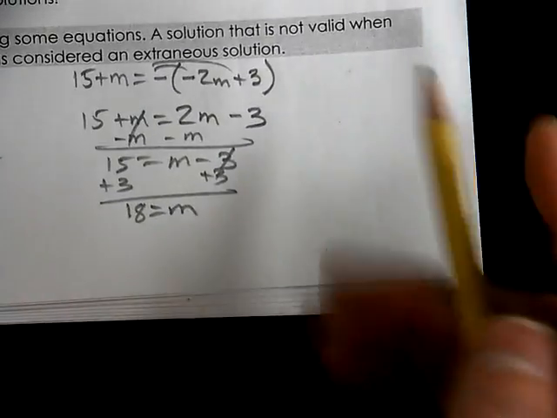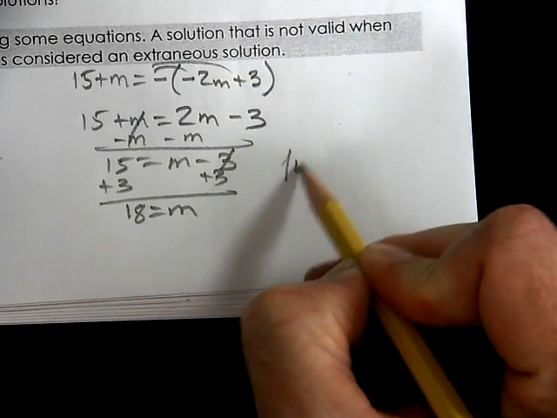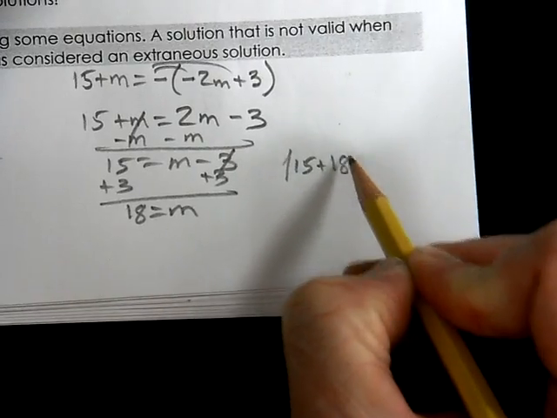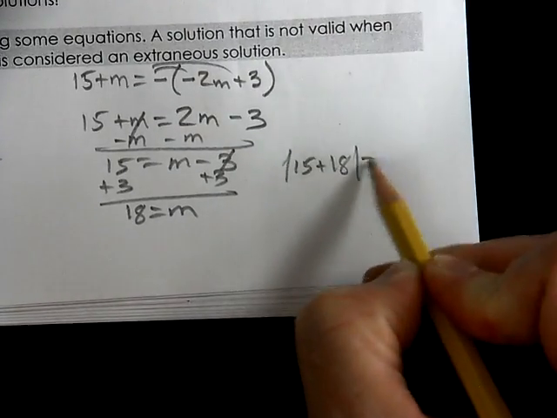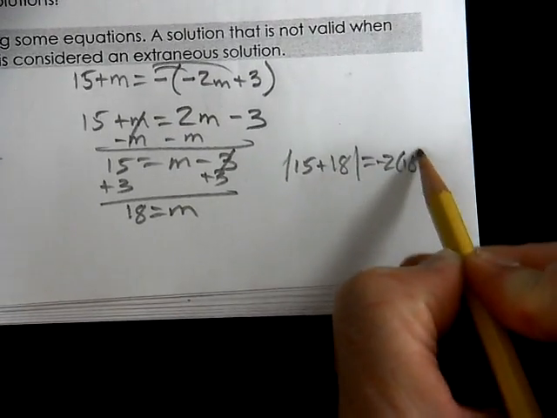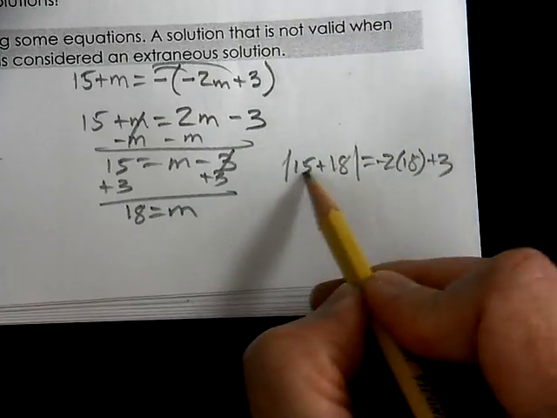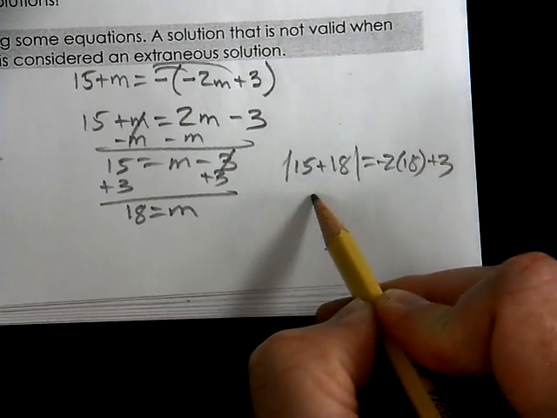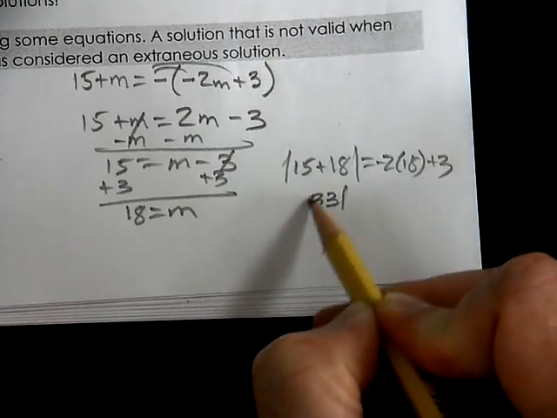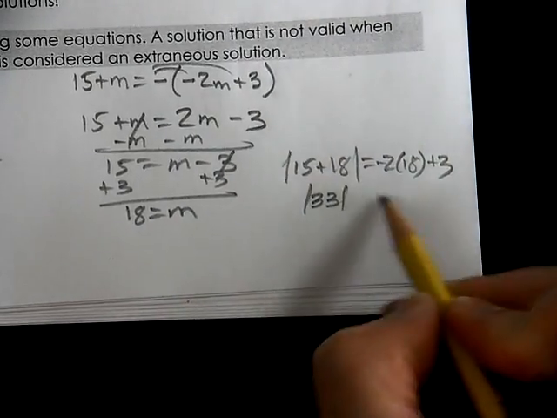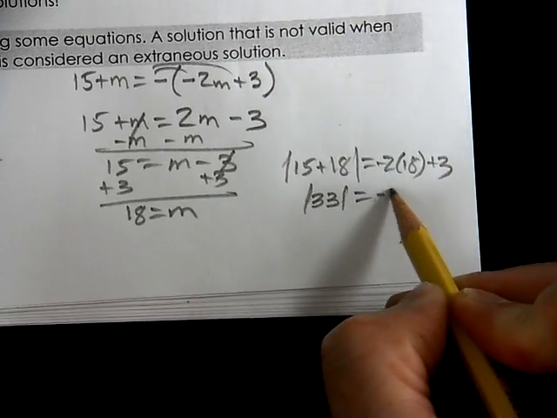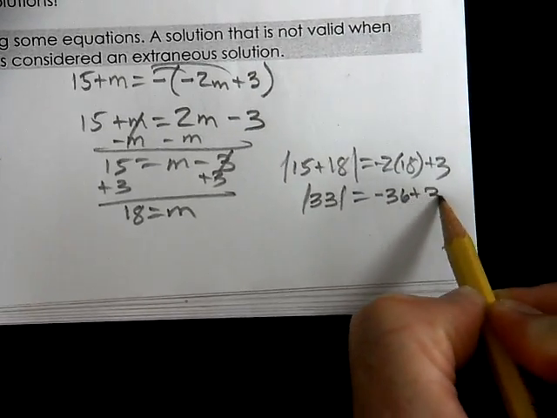So we're going to plug that in. Absolute value of 15 plus 18 equals negative 2 times 18 plus 3. So this comes out to be 33, the absolute value of 33. This comes out to be negative 36 plus 3.